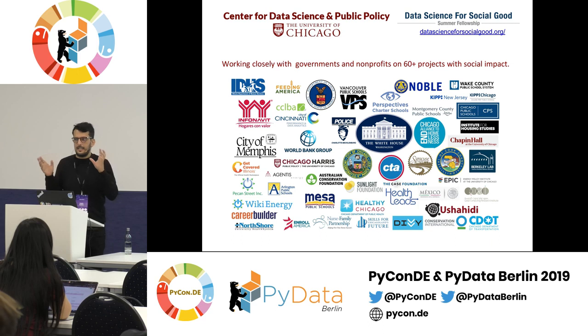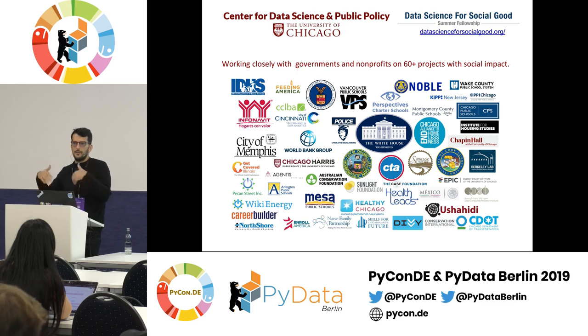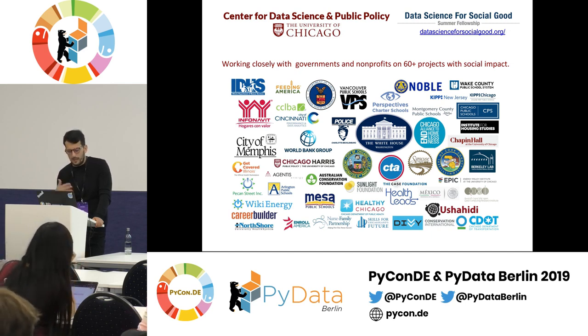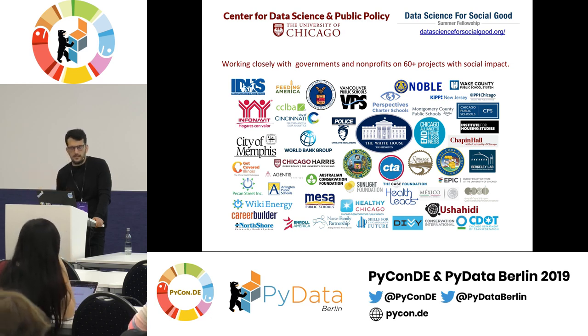You can think about this center as a mini consulting group within the university, but for helping nonprofit and government agencies. And you can see here the White House, but just a disclaimer, this is the White House before 2016. And we have interesting projects that received really immediate attention, like the police projects. I don't know if you recall, but there was a wave of adverse incidents between the police and the African American community in the US.